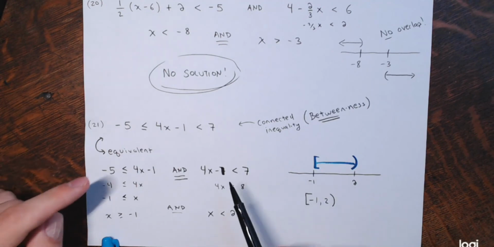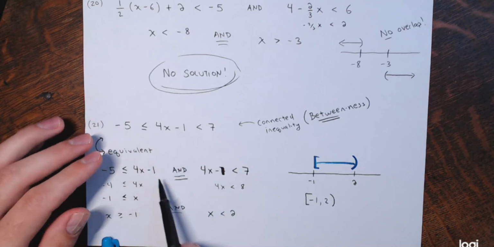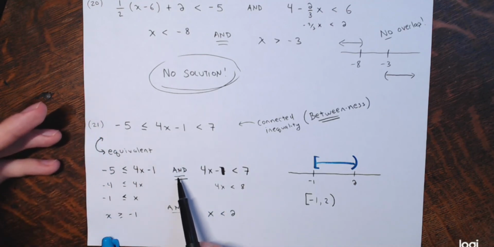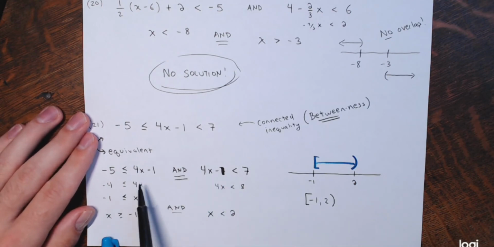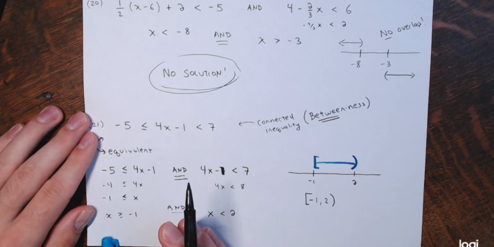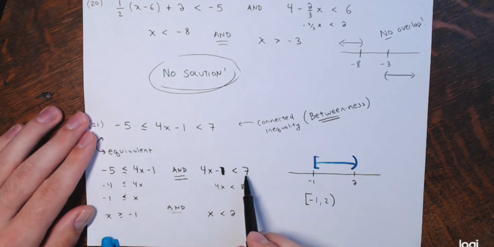Now you may have noticed that when I split this up to write the word "and," in both of these inequalities, the left inequality and the right inequality, I used the same steps to solve, right? I added 1 to both sides, then I divided both sides by +4.